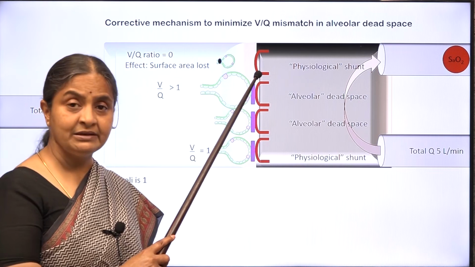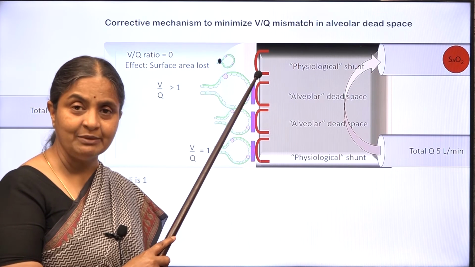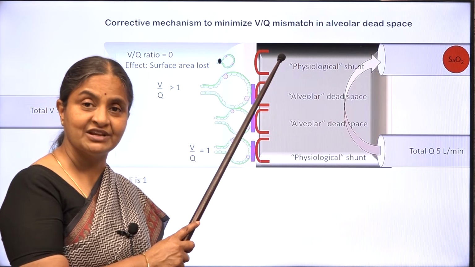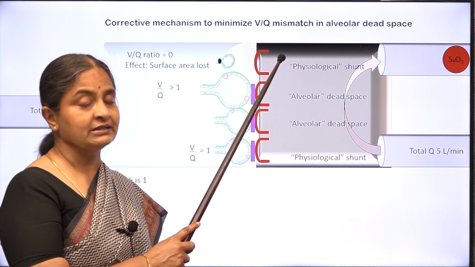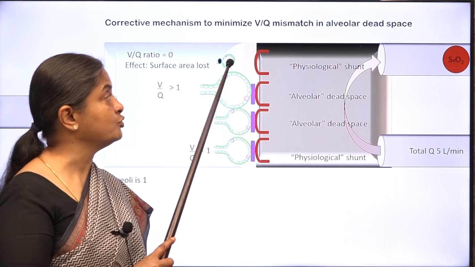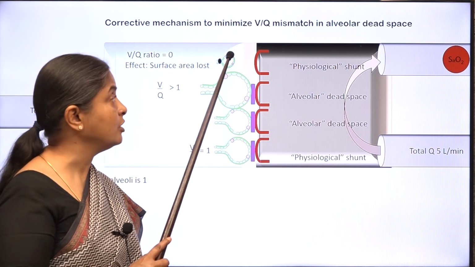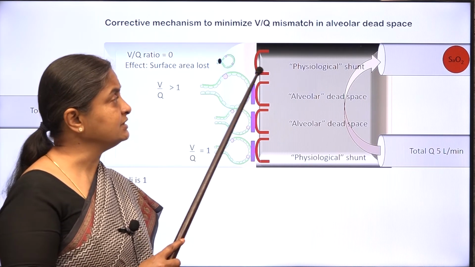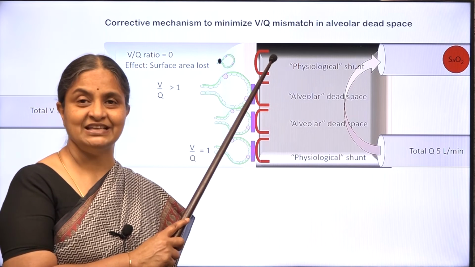Venous blood will come in with a PO2 of 40 millimeters mercury, and by the time it goes out, we expect it to have reached 100 millimeters mercury. That would not happen because there is no oxygen transfer. There is no new air in this alveolus. So, the situation in this capillary is hypoxia.